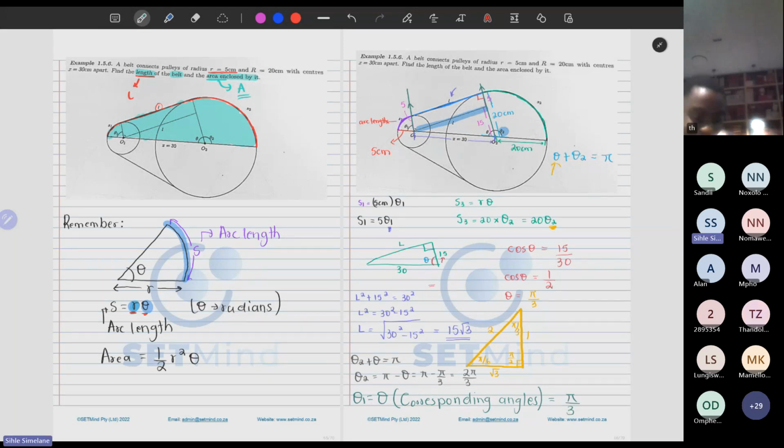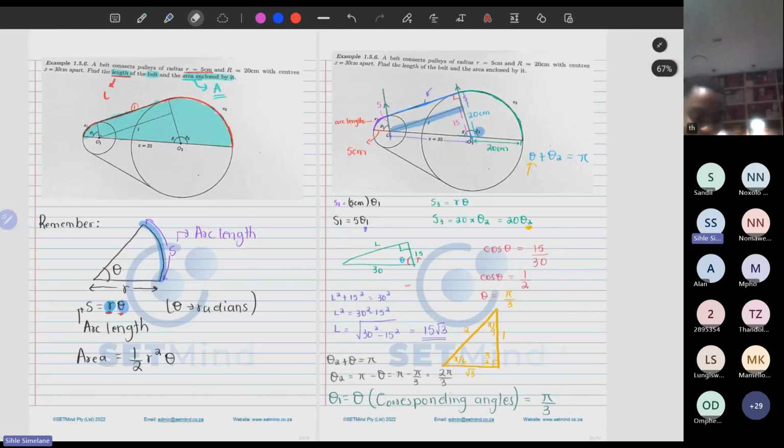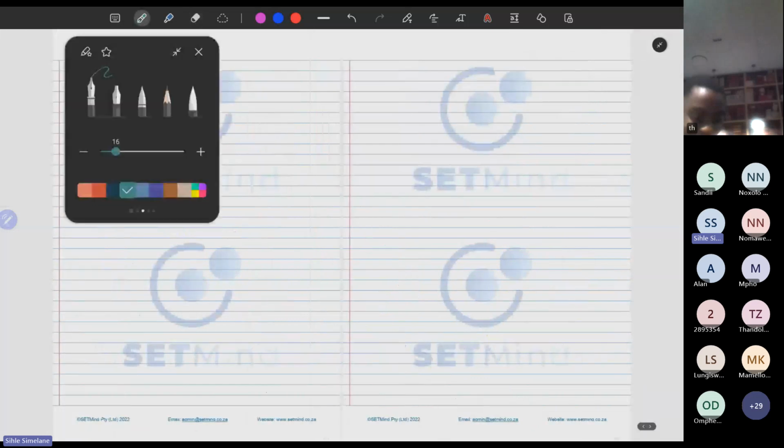So now that we have our S1, S2, and we have our L, we can now find the length of the belt, which is what we made to be red. That's the whole length of the belt. So let's go to the next page and wrap this up.